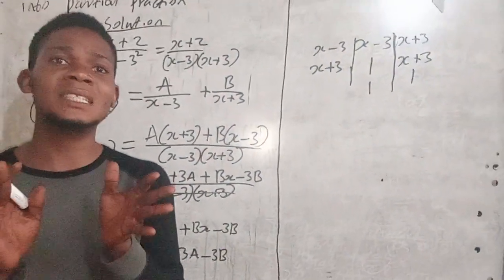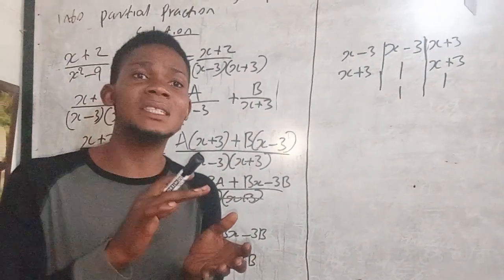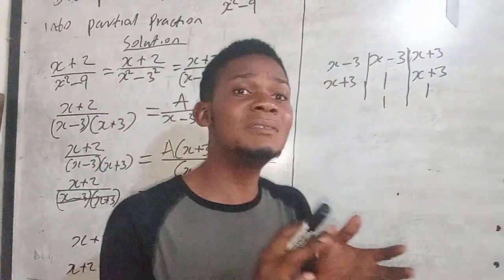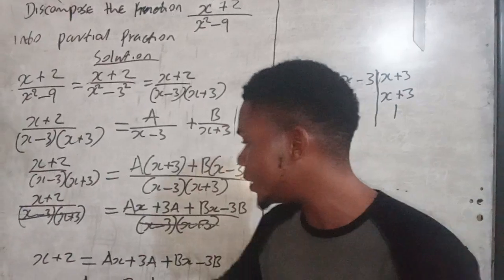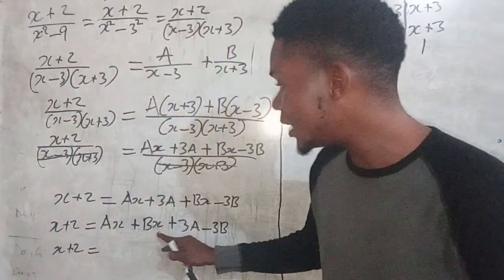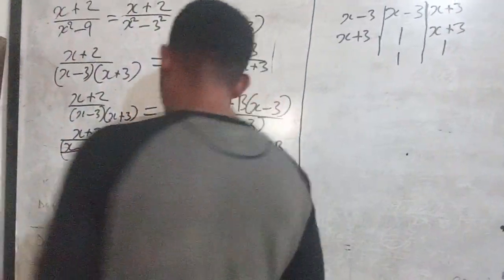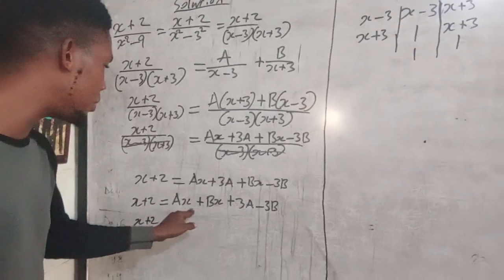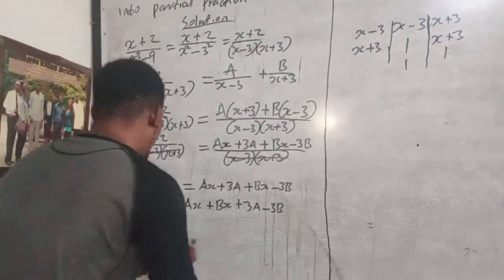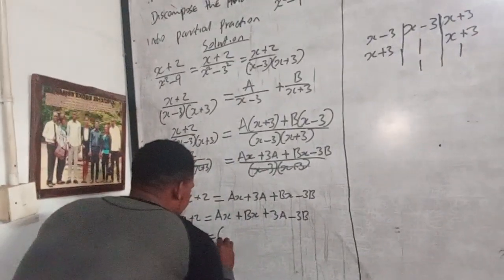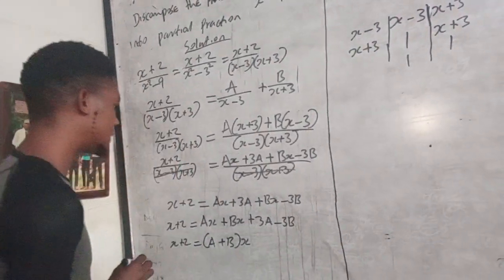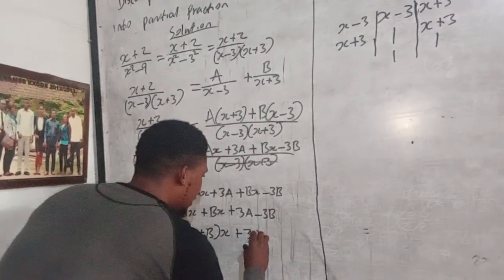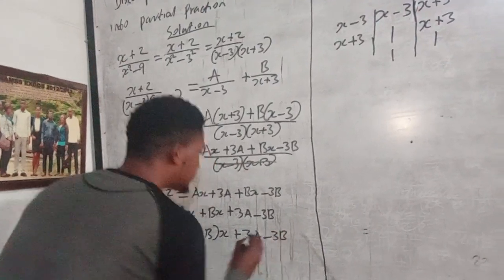Equations are said to be identical when they have the same power, the same exponent. So we want to make this look like this. If you look at this, x is common between here and here, so we factorize it. We now have A plus B open bracket x, plus 3A minus 3B.